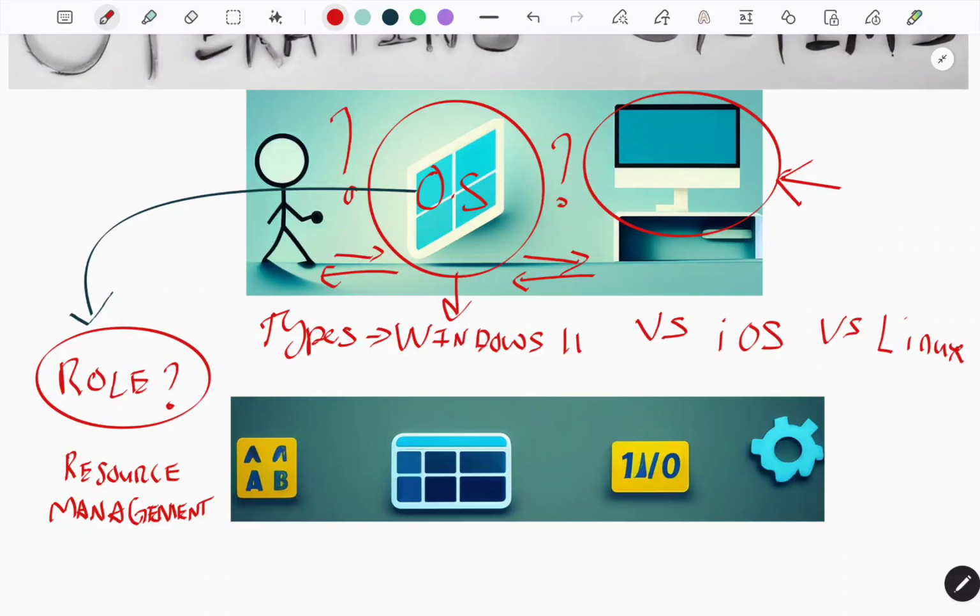So another role of the OS, to allow you to interact with the hardware, it's not a simple process. Although we didn't see anything about the OS, the OS actually has these different roles for you to interact with the computer.